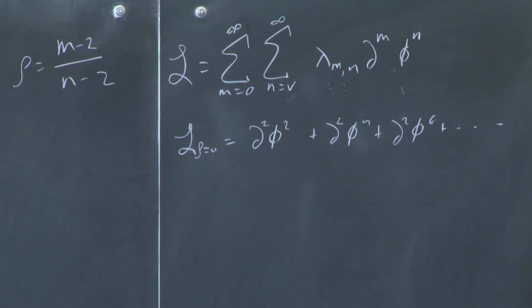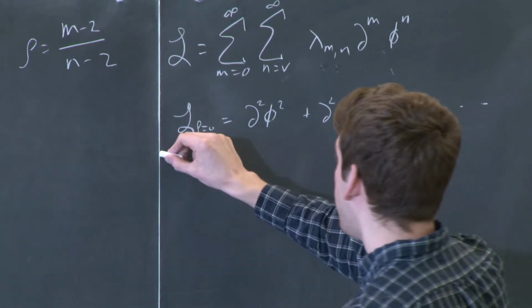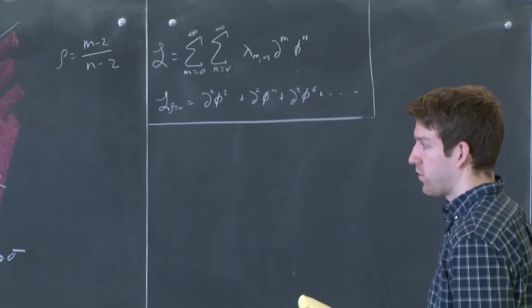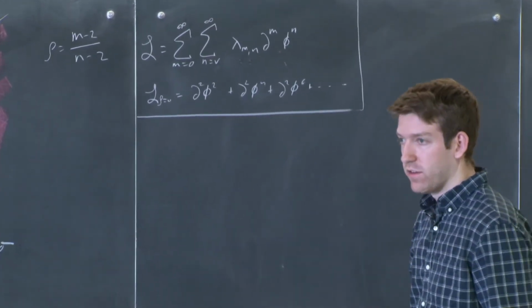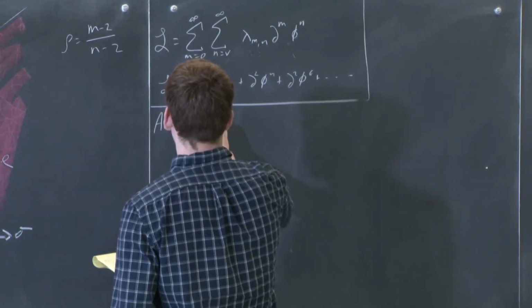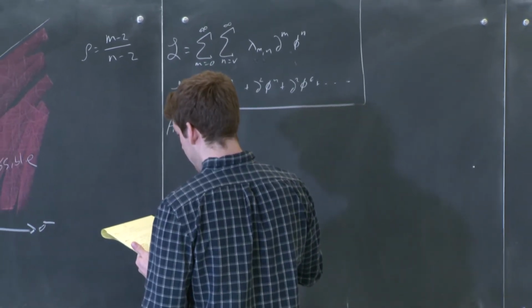All right, now we should proceed with some of our methods. So we're going to take an ansatz for what an amplitude in any of these theories could look like. And that's going to be of the following form.